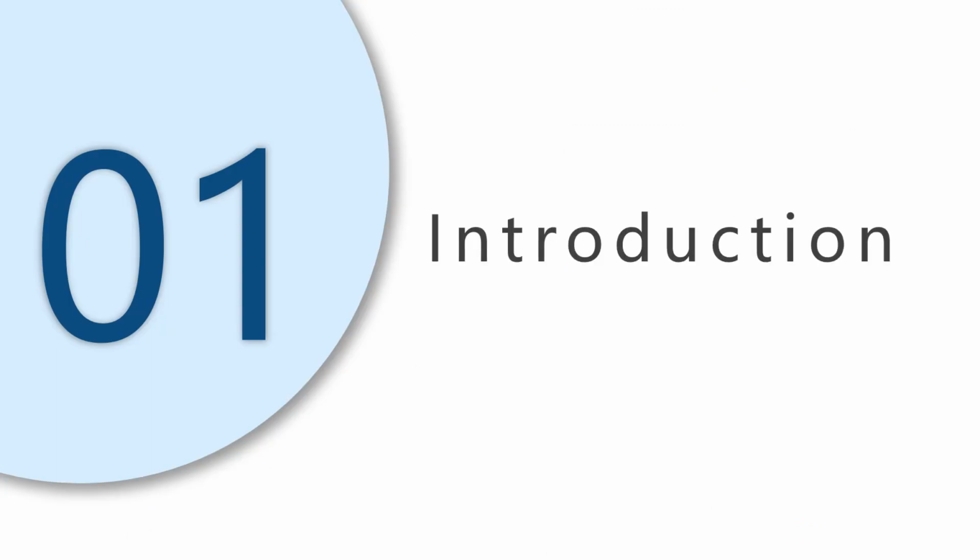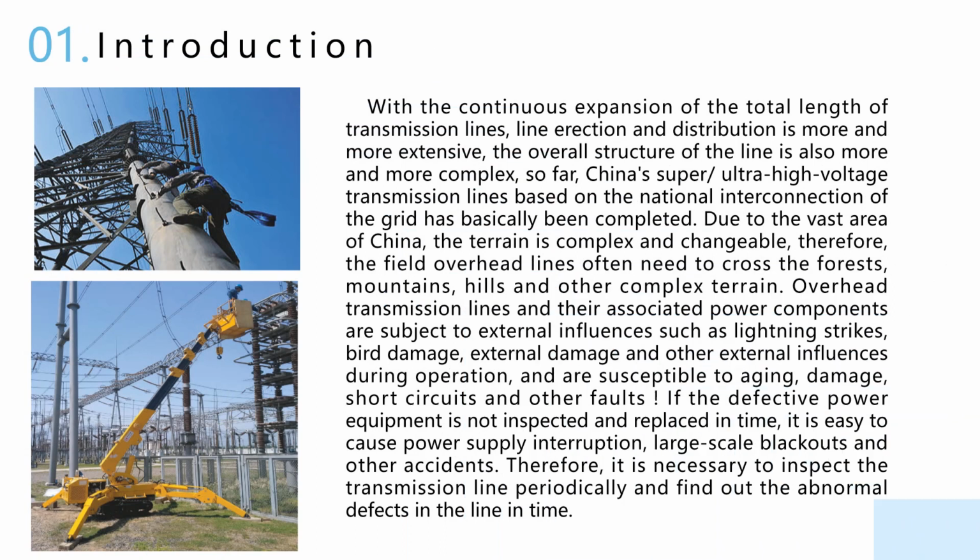Section 1, Introduction. With the continuous expansion of the total length of transmission lines, line erection and distribution is more and more extensive. The overall structure of the line is also more and more complex.